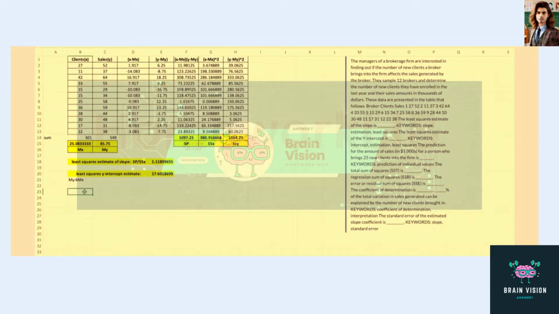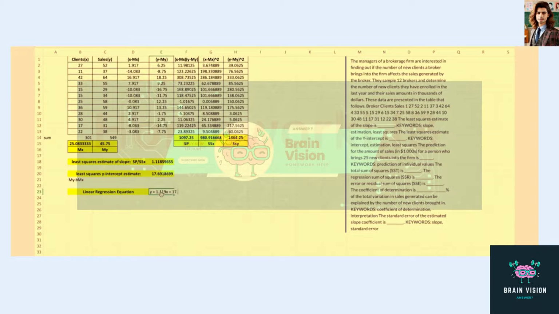So I have my linear regression equation, and that is going to be y equals 1.119x plus 17.692.